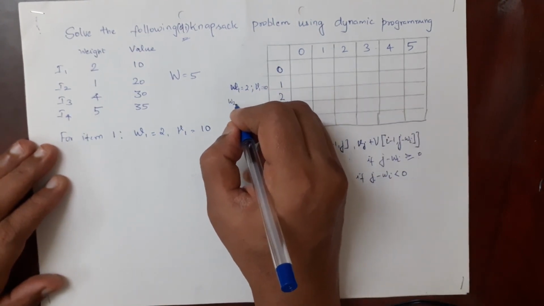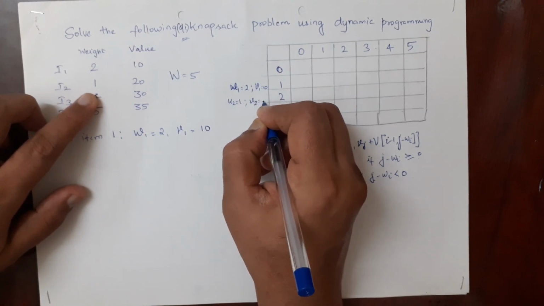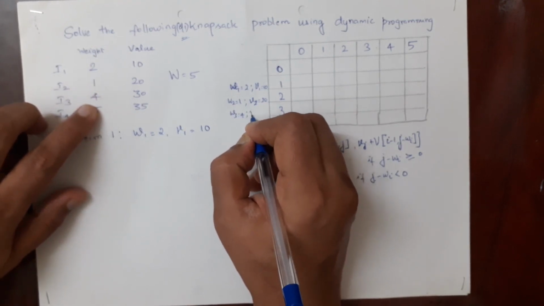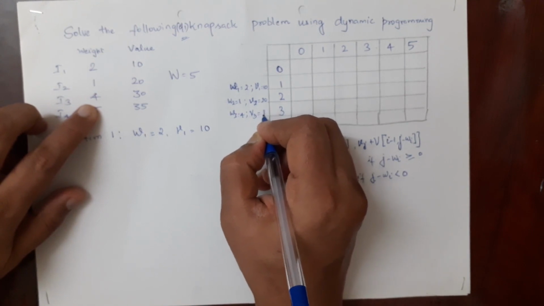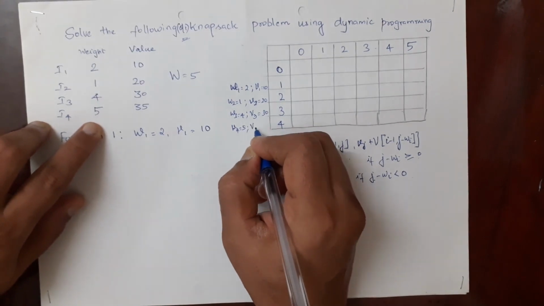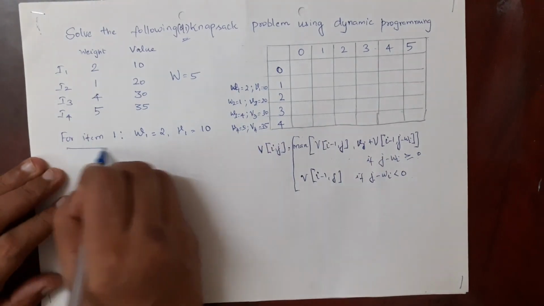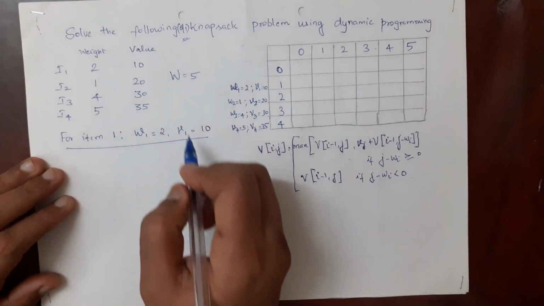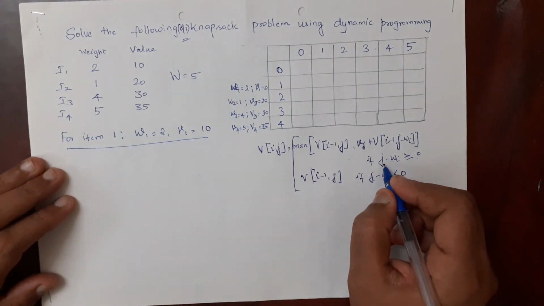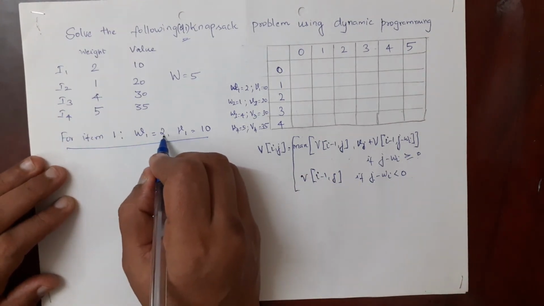In the same way W2 is equal to 1 and V2 is equal to 20, W3 is equal to 4 and V3 is equal to 30, W4 is equal to 5 and V4 is equal to 35. For the first item, whose weight is 2 and value is 10, first we have to find whether j minus w_i is less than 0 or greater than or equal to 0.